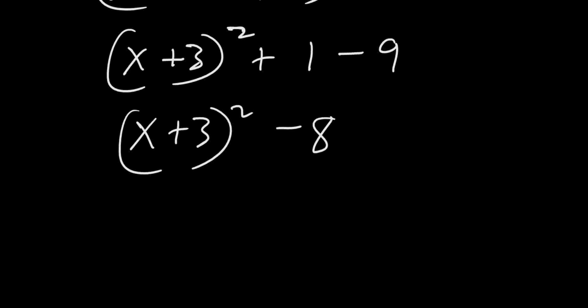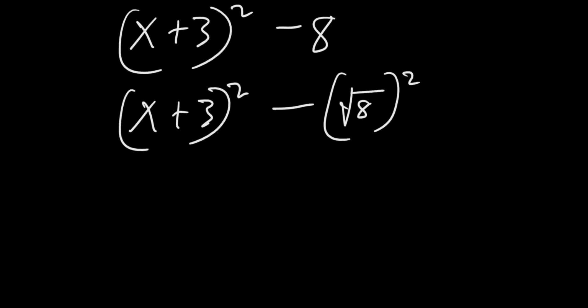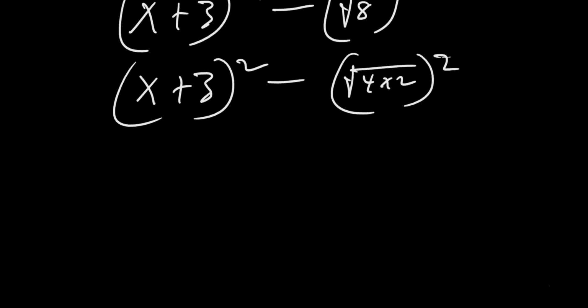So next we are going to write the 8. Let's take the square root of the 8 and also square it. Still the same. We are doing that for a purpose. So we can also simplify root 8 to become root of 4 times 2, and the square root of 4 is 2.